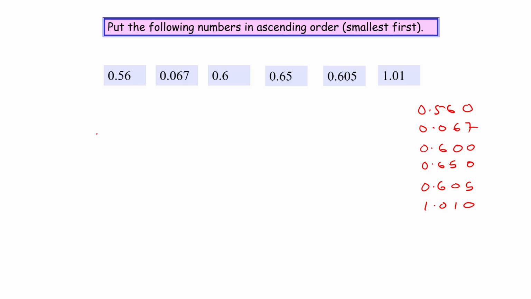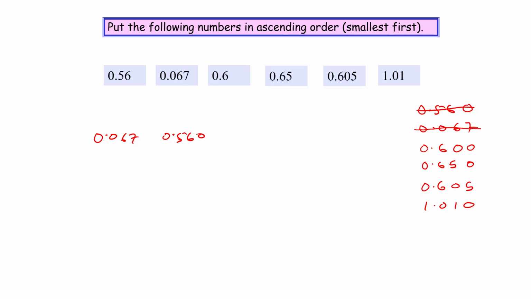So we can write that here, 0.067, and we can cross it out because we've now used that number. Then we look at our tenths column again. We've got all 6s, we're ignoring this one because that's our largest number, and there's a 5. So that's our next smallest number, 0.560.